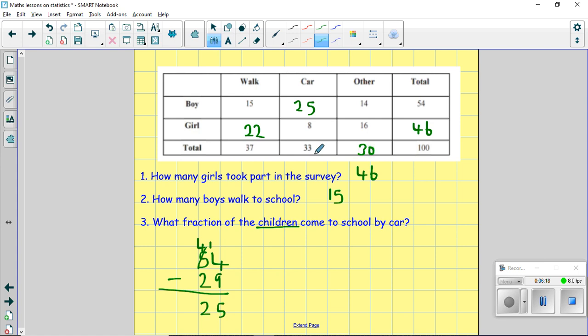So I can go to total, car, and that's 33, so that's my numerator. And my denominator would be how many there are all together, which is 100. And that is in its simplest form, so I would leave it as that. So 33 100ths come to school by car.